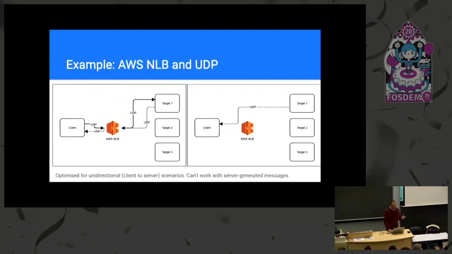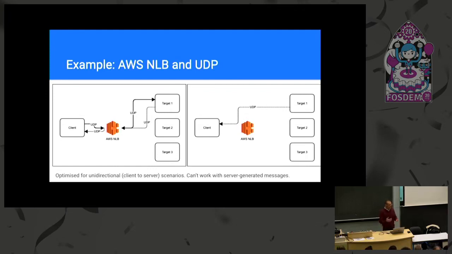So just to give an example, as long as you have UDP traffic coming in, if you use just an AWS NLB, it will choose one target and will route the requests to that target, but also it will route back the responses, which is very useful.